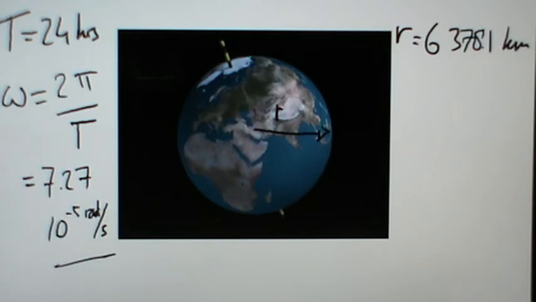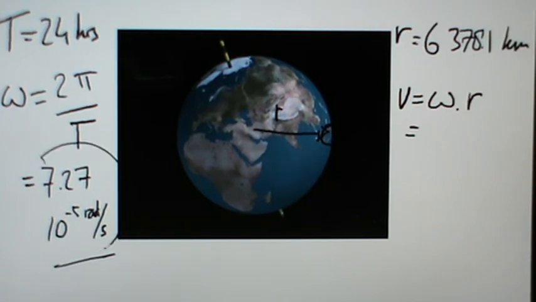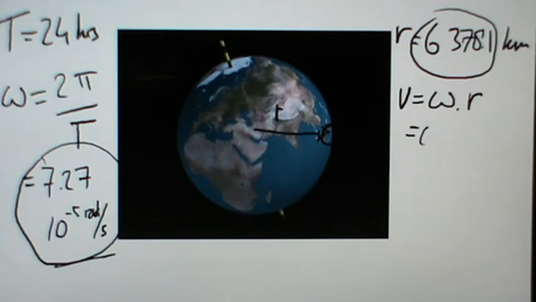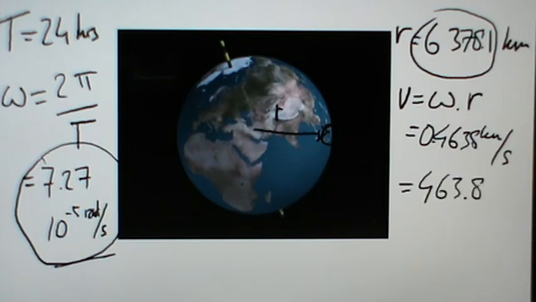So if you are standing on the equator, you will have the linear velocity as omega times r, and if you plug in these numbers, we get 0.4638 kilometer per second, or 463.8 meters per second.